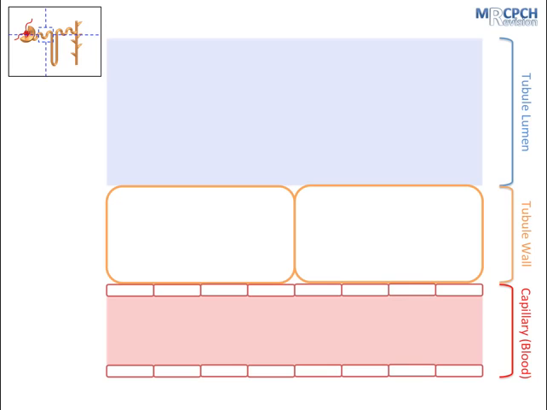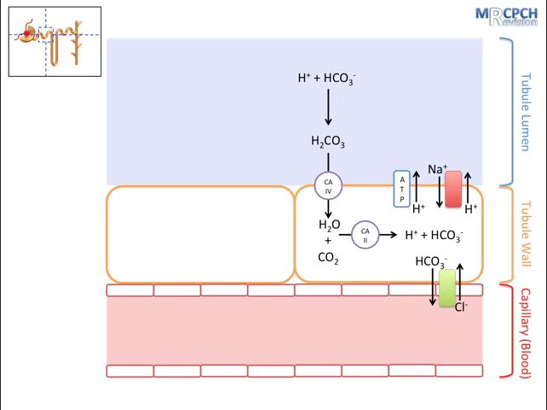So we'll recap that again on this slide. The filtered proton and bicarbonate join up to form carbonic acid, that then joins up with luminal carbonic anhydrase 4 to form water and carbon dioxide, which is then taken up by carbonic anhydrase 2 and converted into protons and bicarbonate.